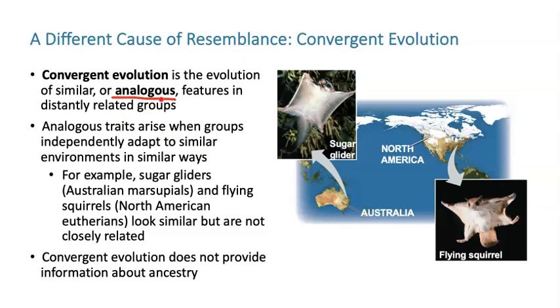We use the word analogous for any feature that's found in distantly related groups that live in similar types of environments, or live in similar ways, and so they've evolved these similar solutions. Convergent evolution does not give any information about the ancestry of those organisms. It just talks about the fact that they have evolved to look somewhat similar.